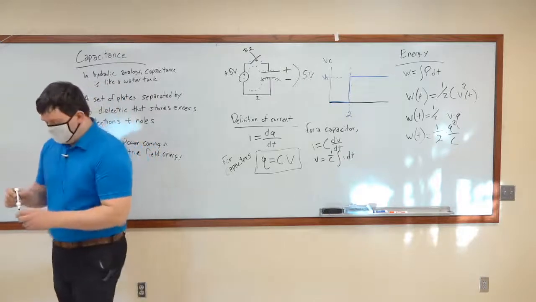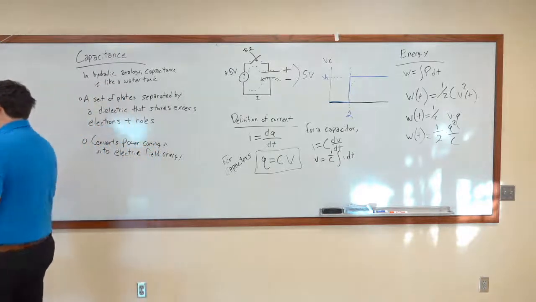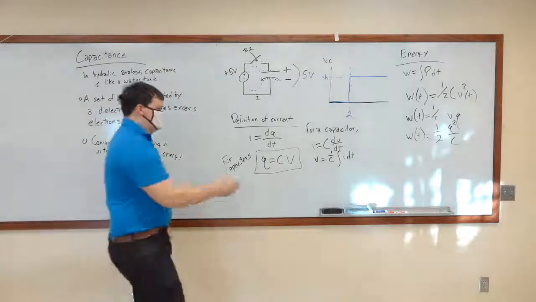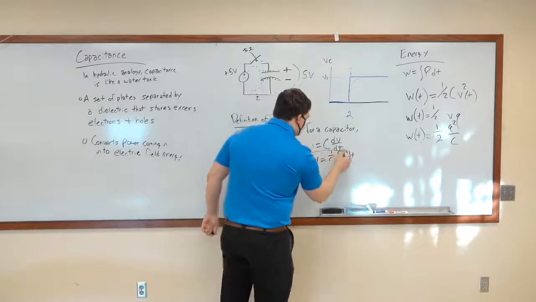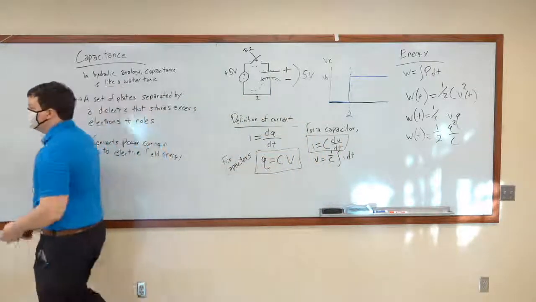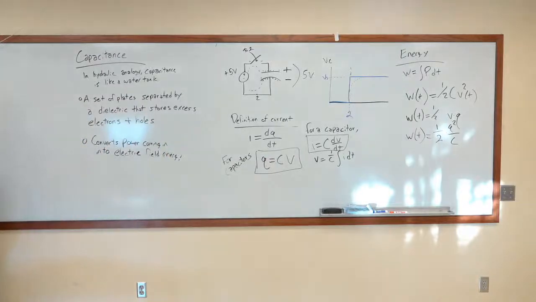So that is our definition of capacitance, and those are all the equations that we have. This is the one you will need to know the most. Write this down, circle it, star it. I equals C dV/dt is the most important one.